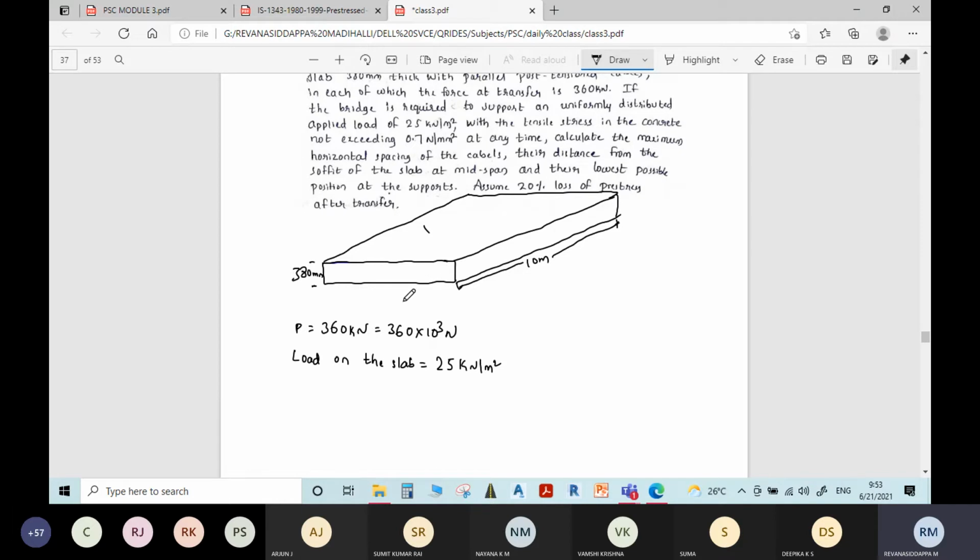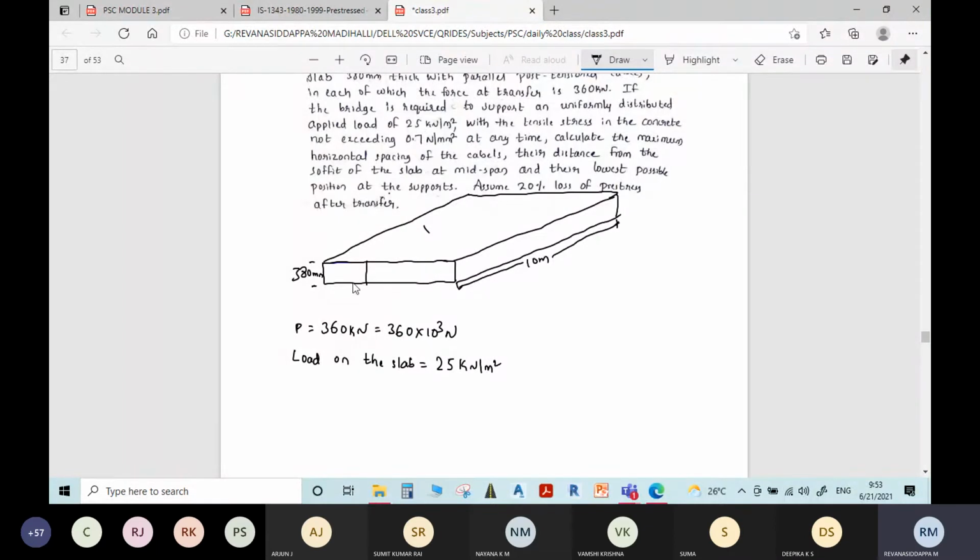For the slab, if you are remembering the design of the RCC slab, how you used to design the slab there? You used to design it for 1 meter width, right? Whatever the number of bars, spacing or diameter of the bars you got for 1 meter, the same number of bars and same spacing you used to adopt for the remaining span of the slab.